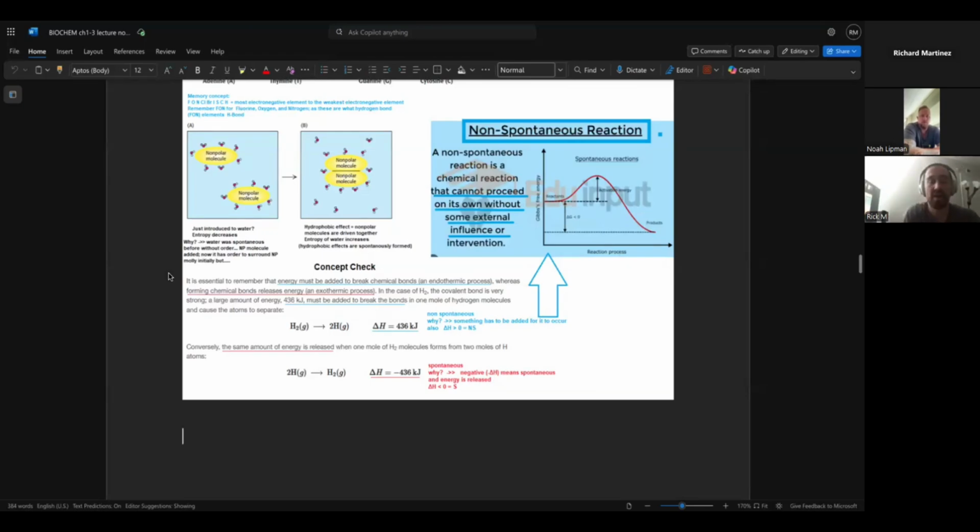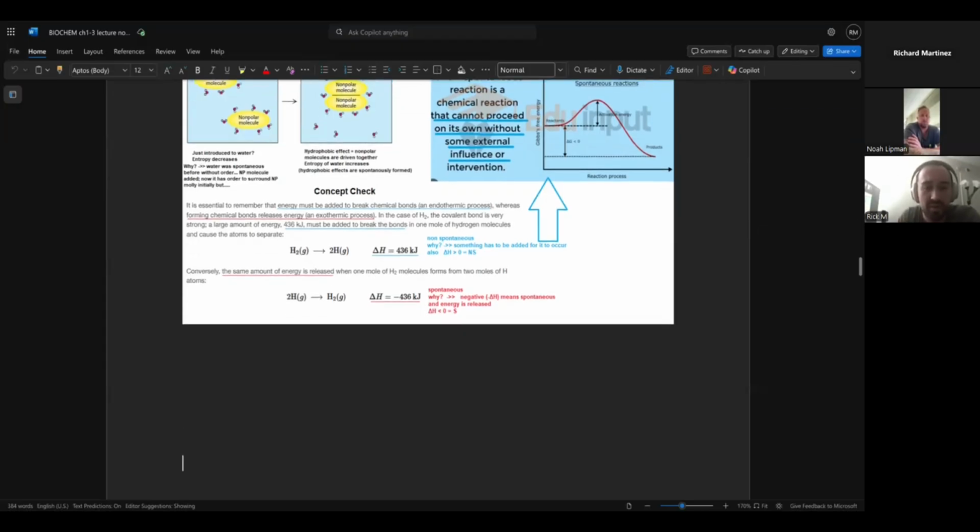Okay. I hope that makes sense. And if it doesn't, that's fine. It may not be explaining it that well, but it's the forming of those two bonds that releases energy, and that wires our entire biological systems. I'll maybe think of another way to go over that in a moment.